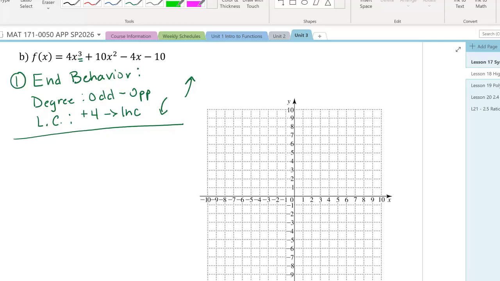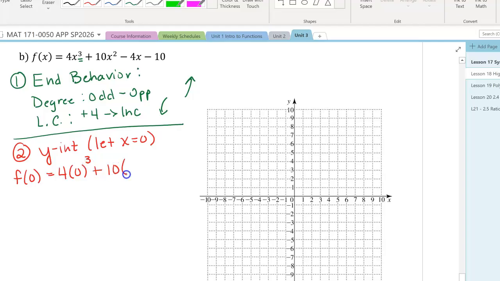The next thing we want to do is find the y-intercept. And remember, to do that, we're going to let x equal 0. So we're going to plug 0 in for x, and that will give us 4 times 0 to the third plus 10 times 0 squared minus 4 times 0 minus 10.